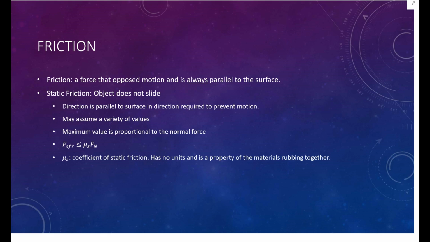I will tell you that formula looks a little bit more complicated than you actually see it on your formula sheet. Your formula sheet does use the same formula for both static friction and kinetic friction, and it looks like this. The magnitude of the frictional force is less than or equal to the coefficient of friction times the magnitude of our normal force.